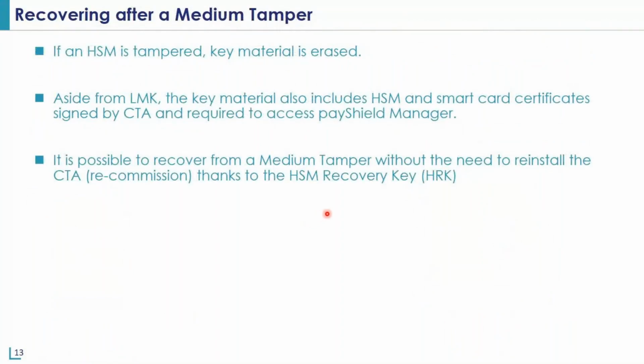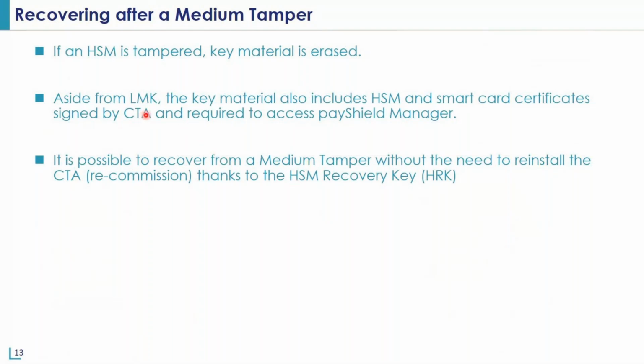We talked about medium tamper, that if motion sensors are triggered or if that button is pressed on the rear panel, then a medium tamper will occur and all your key material is gone. And I mentioned that if you have to recover, you have to go to the data center.